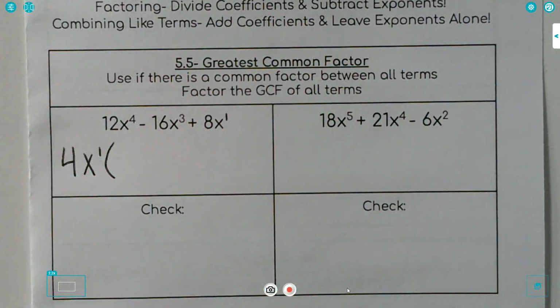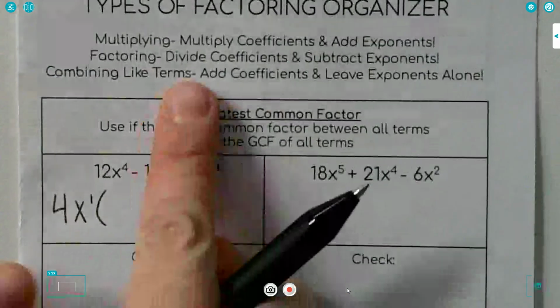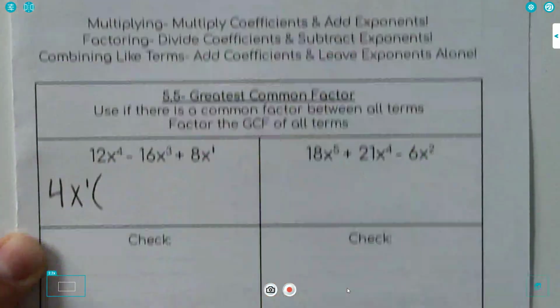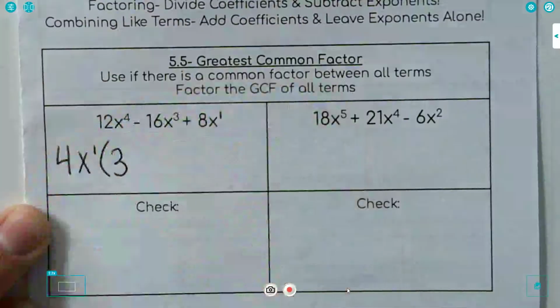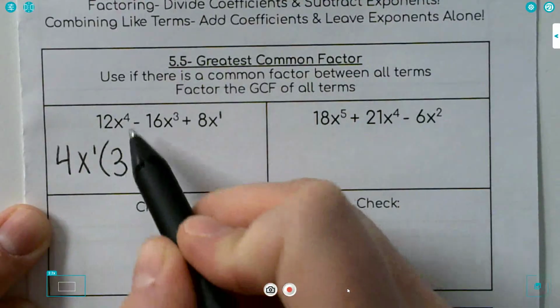Any questions about finding that greatest common factor? Okay, so then we are going to factor that out. When we do, we are dividing our coefficients and subtracting our exponents. So 12 divided by 4 is 3. I subtract my exponents. 4 minus 1 is 3.